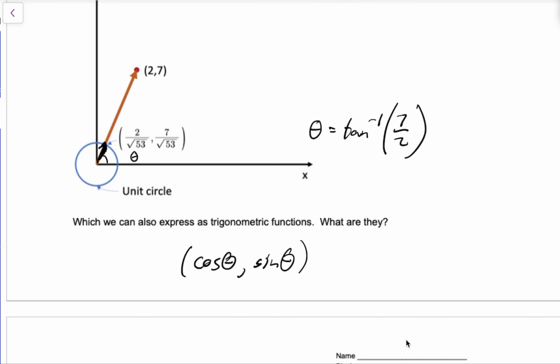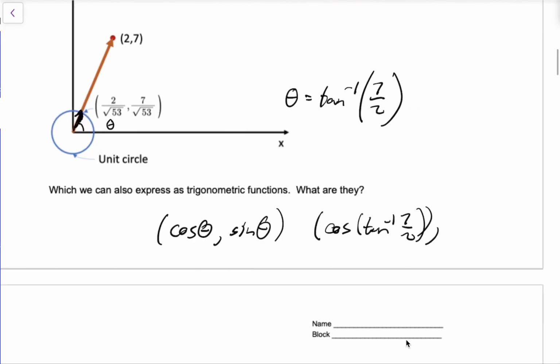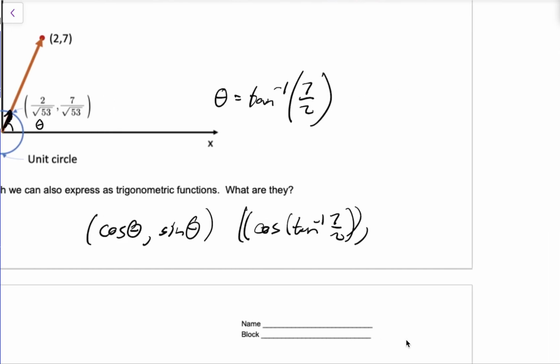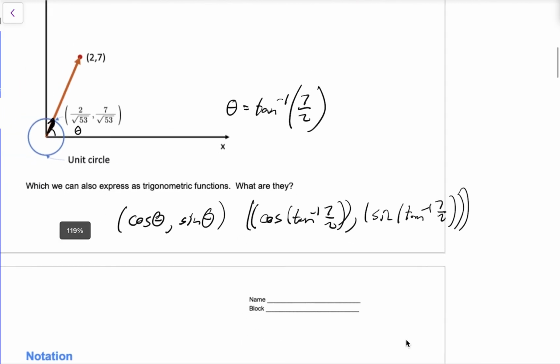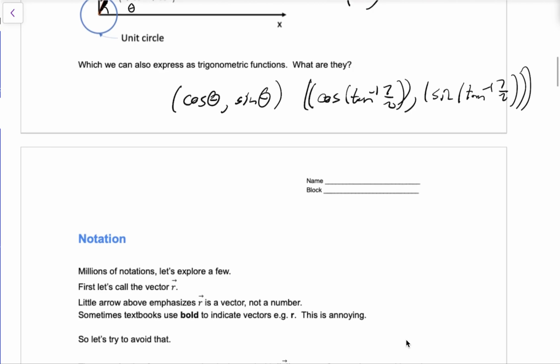So we could say that, or being even more ridiculous, we could say cosine of arctan of 7/2, comma, sine of arctan of 7/2. Okay, enough absurdity.